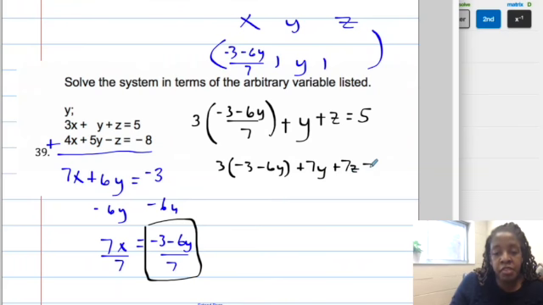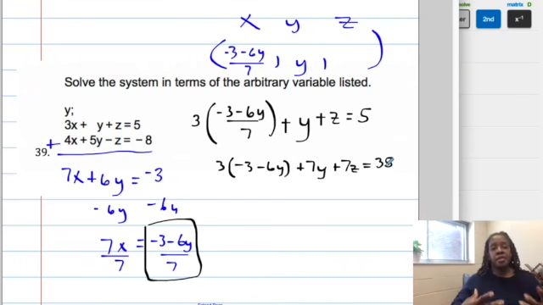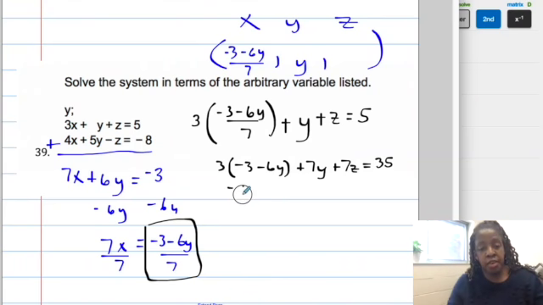Now, I'm a big fan of clearing fractions because they make our lives a lot easier. We don't have to find common denominators. Good stuff. So we distribute here, we get negative 9 minus 18y plus 7y plus 7z.